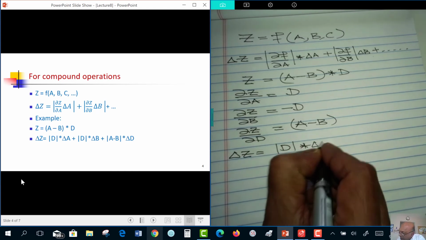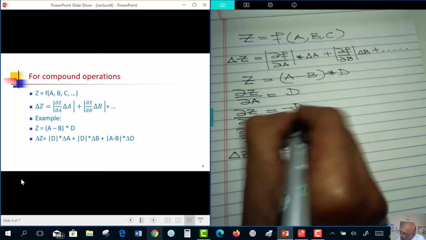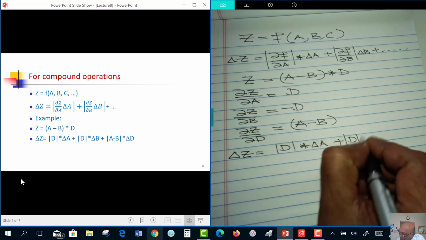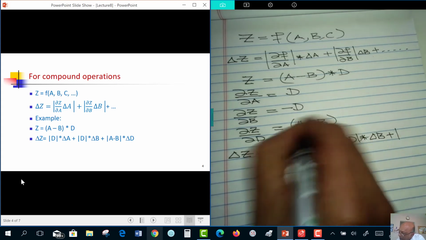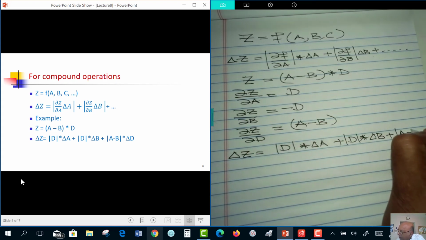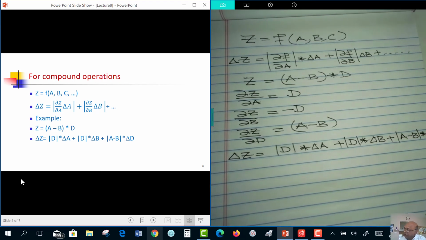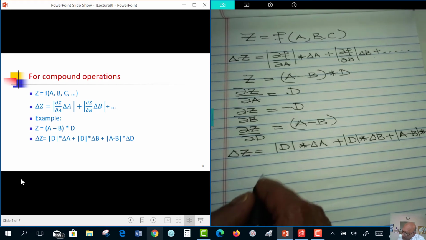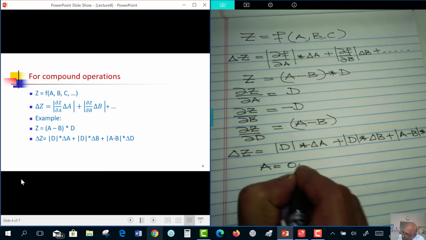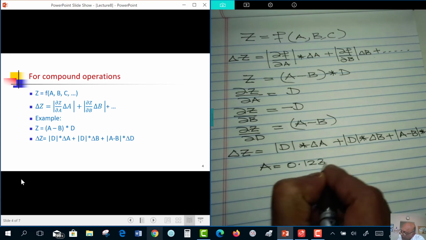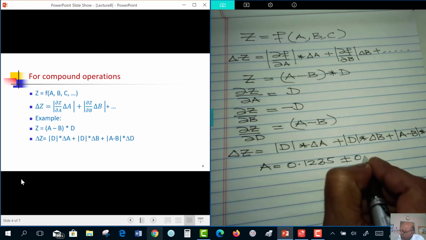Okay. So our delta Z would be D times delta A, partial derivative minus D times delta B, partial derivative of this times delta D. So this is how we'll calculate. So let's say we have our numbers again. A is 0.1235 plus minus 0.0002.